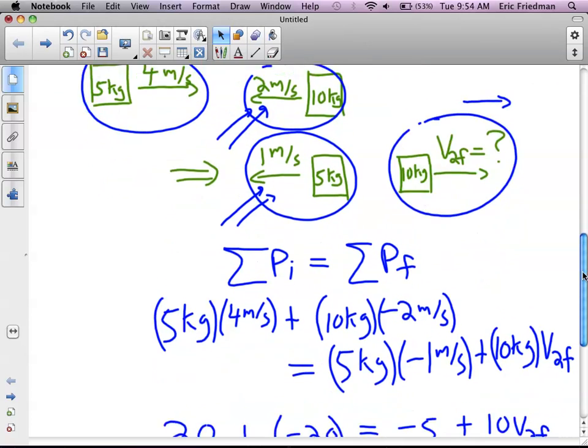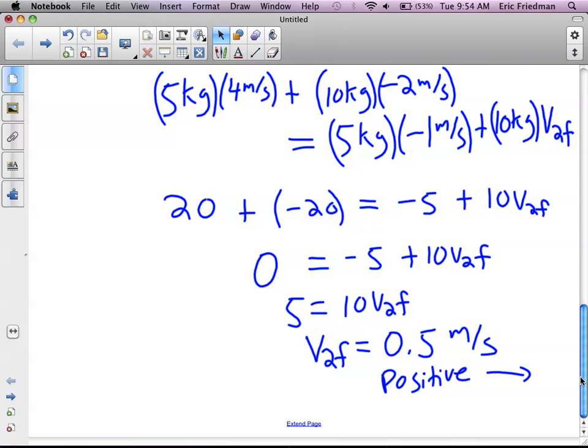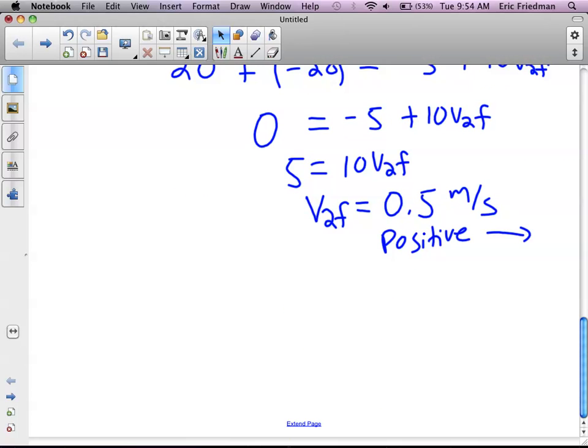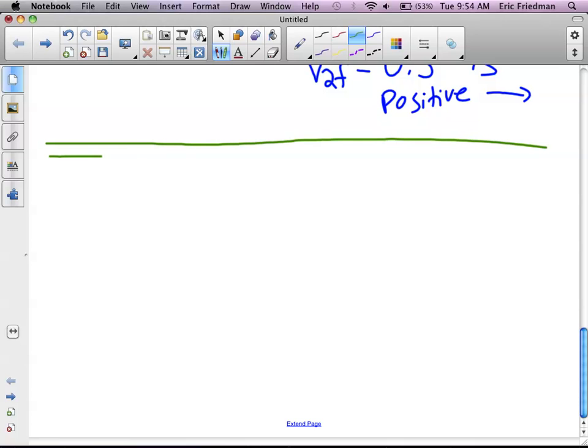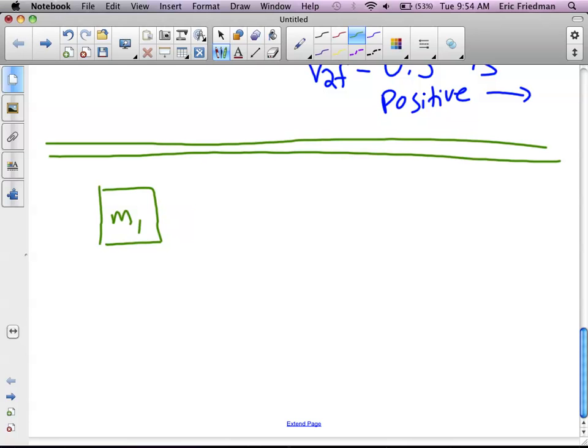Let's just look at one more thing as a general case, so we can get a general formula for what's going on. So this time I'm going to keep everything in variables. M1, V1 initial.